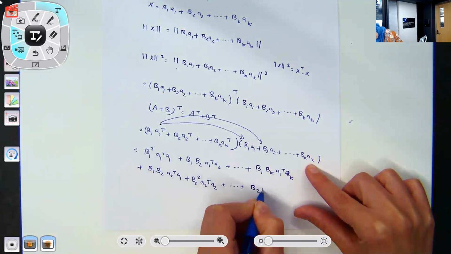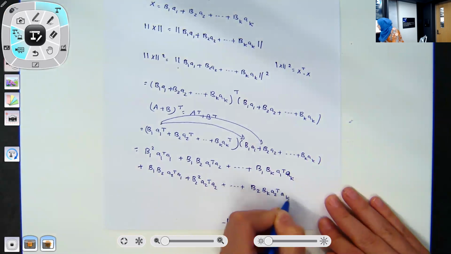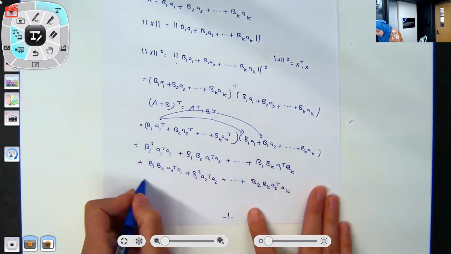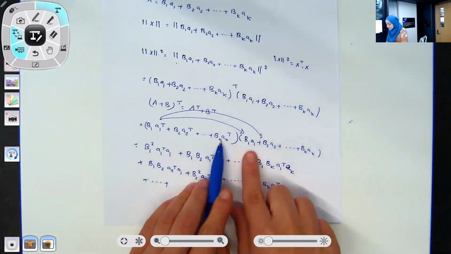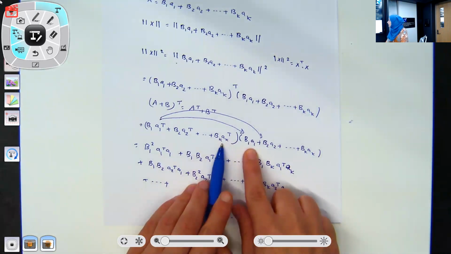B2 times BK multiplied with A2 transpose times AK. Let's move to the last term. We can continue, plus BK multiplied with AK transpose times B1 A1.